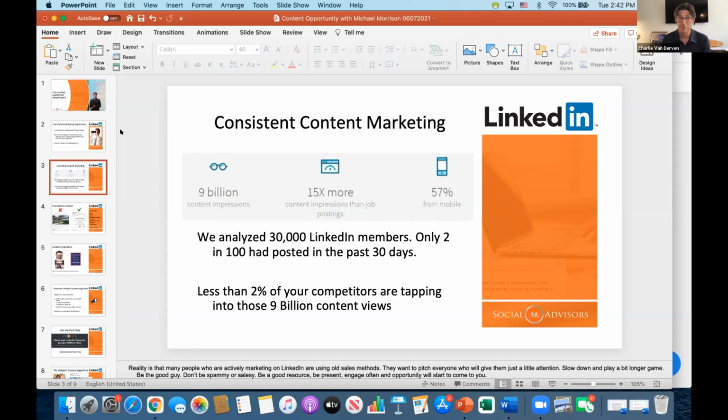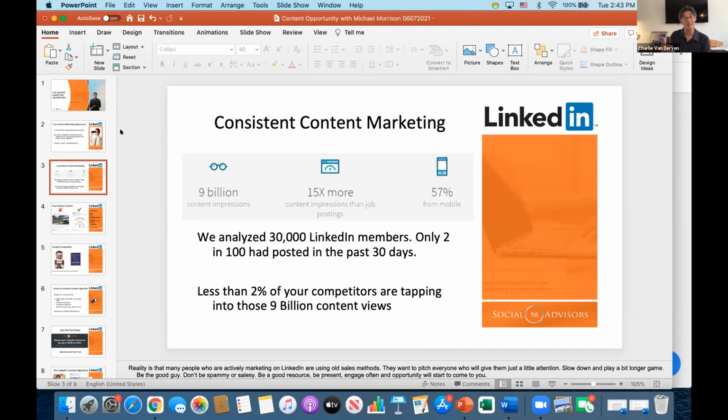Here's what I can tell you. Now, we do a lot of research, like I said, with these 5 partners of ours. Less than 2% of people on LinkedIn are posting with any consistency. Okay, I mean, that's a really small number. So within Canada and the US, 2% of their network are sharing over 3 billion content impressions weekly, not monthly, weekly.